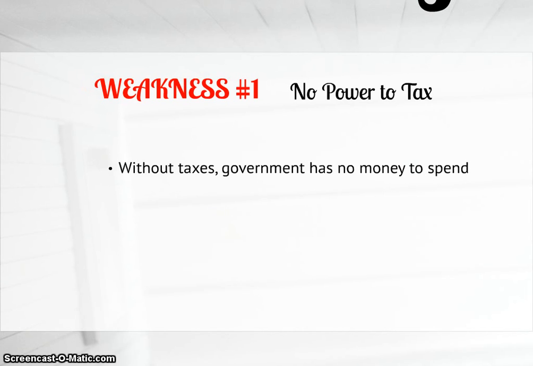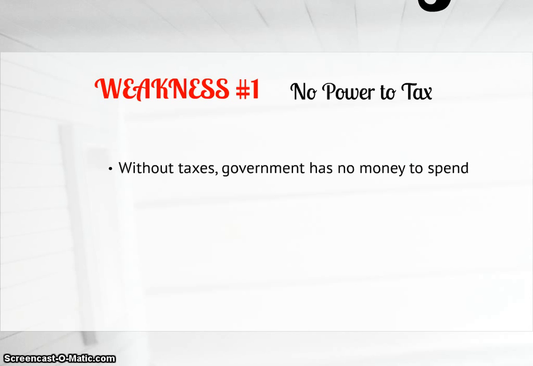So the first key weakness under the Articles of Confederation is that the national government, so the federal government, had no power to tax. In other words, the government could pass a law saying that such and such was going to happen, but they did not have the money to enforce the laws or to carry out any part of the laws unless the states agreed to hand over money to the federal government.